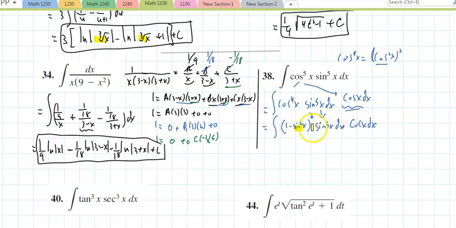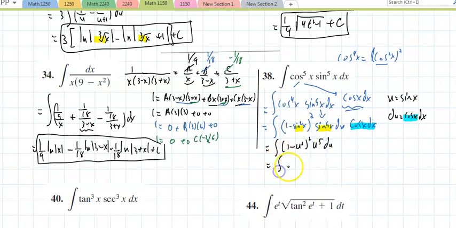If I let u equal sine of x, automatically du will be the cosine of x dx. And as you see, this becomes a simple integral of 1 minus u squared times u to the fifth du. And that's simply the integral of 1 minus twice u squared plus u to the fourth, times u to the fifth du.